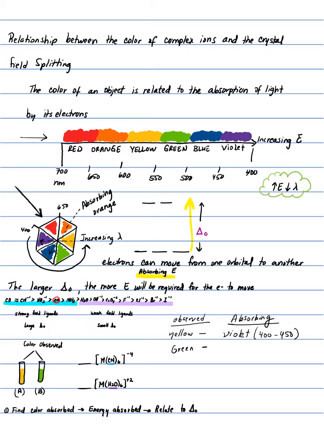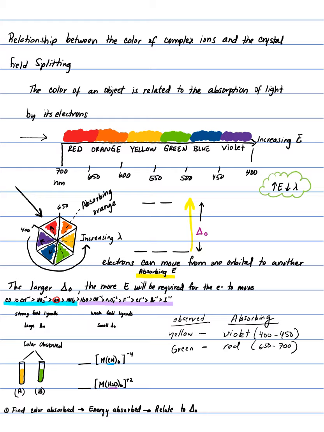For your green solution, the color on the opposite side of that green color that you're observing, I'm starting right here, is the red one. Red between 650 and 700 nanometers. Okay? So that represents the wavelength.